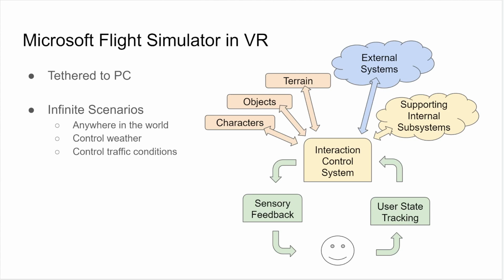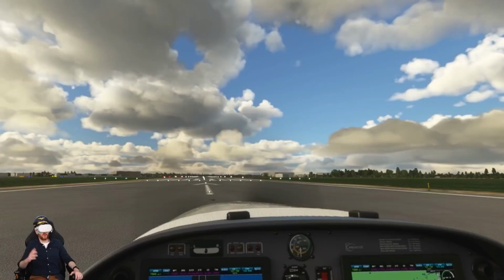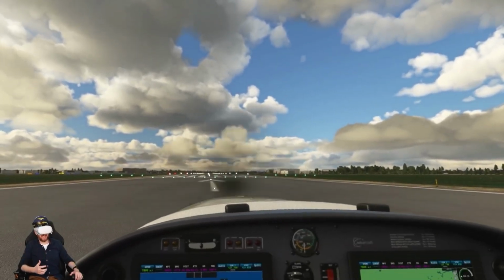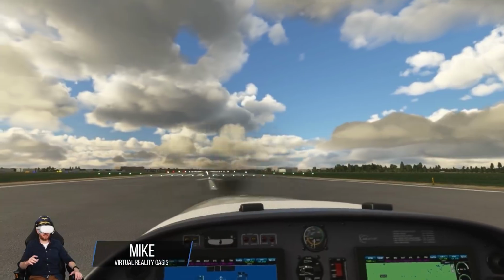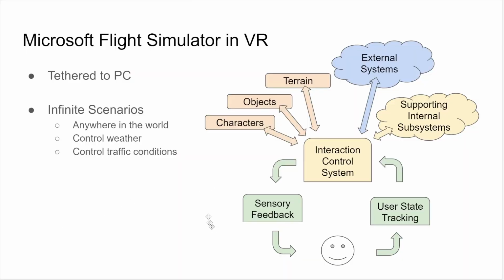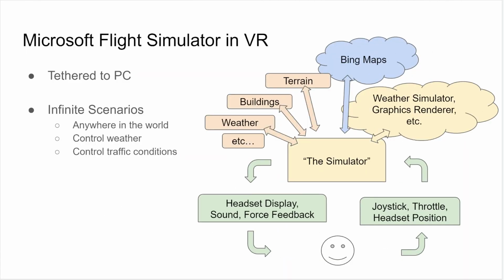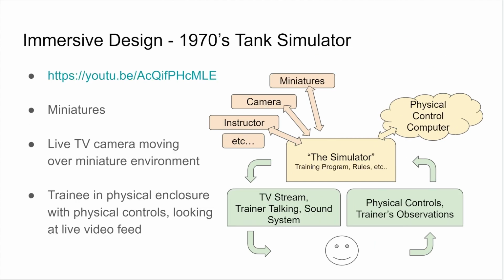So let's take the example of Microsoft Flight Simulator in virtual reality. You put on a headset and you also have these nice controllers. It still fits our interaction framework, but now when we compare all the different elements, like all this stuff here, these are all digital. So if we go back to our tank example, these are physical objects.